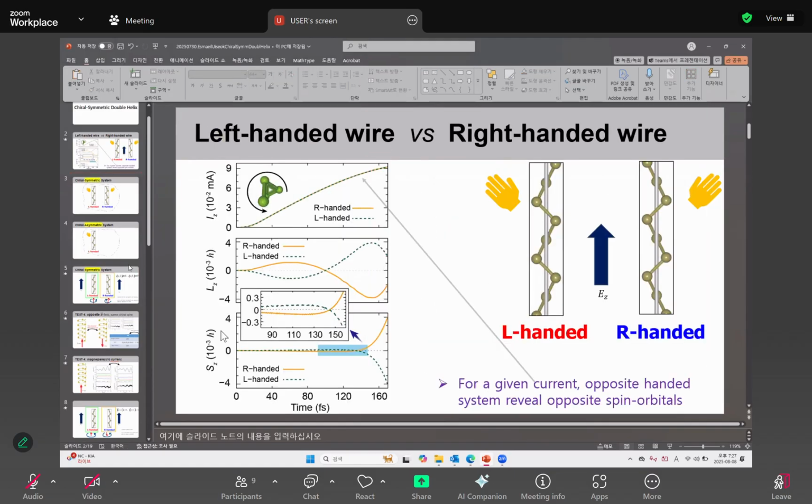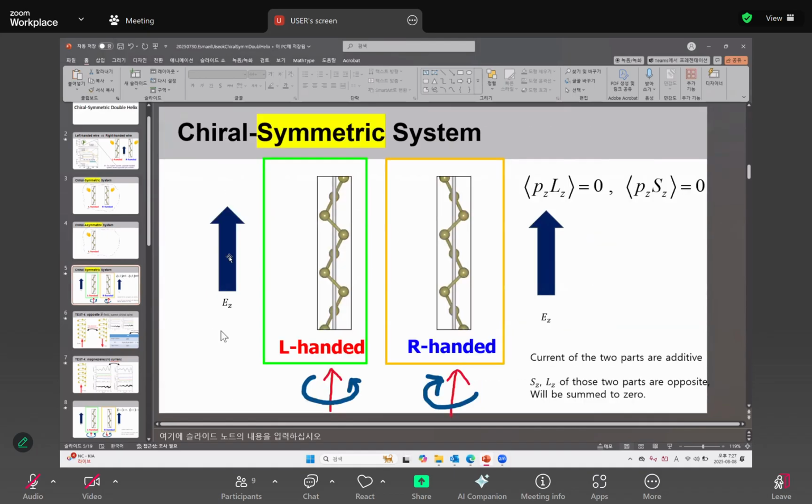Our TDDFT calculation tells that when you apply an electric field, this part develops a current up, and this part also develops a current up, but this part develops a right-handed rotation, right-handed angular momentum, and this part a left-handed rotation, left-handed angular momentum.